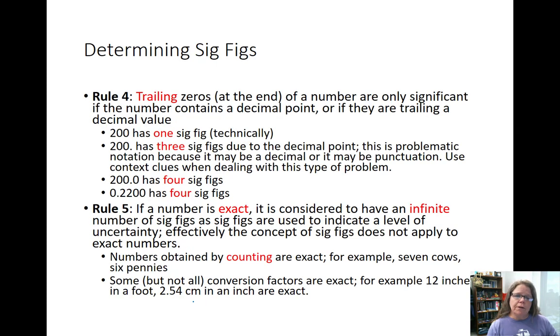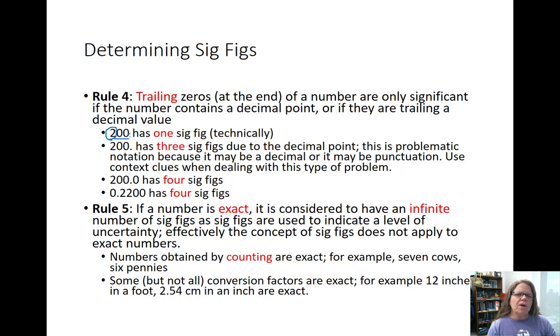Trailing zeros are different. Trailing zeros are communicating that you know that to much more accuracy than just the number itself may indicate. So the trailing zeros are important. Now, if I look at this, 200, okay, without a decimal point here, then 2 is the only significant one, technically.